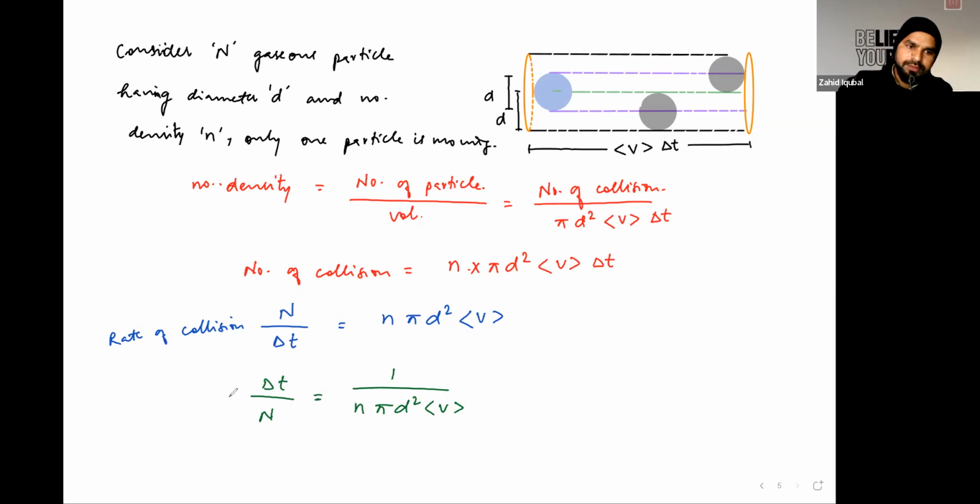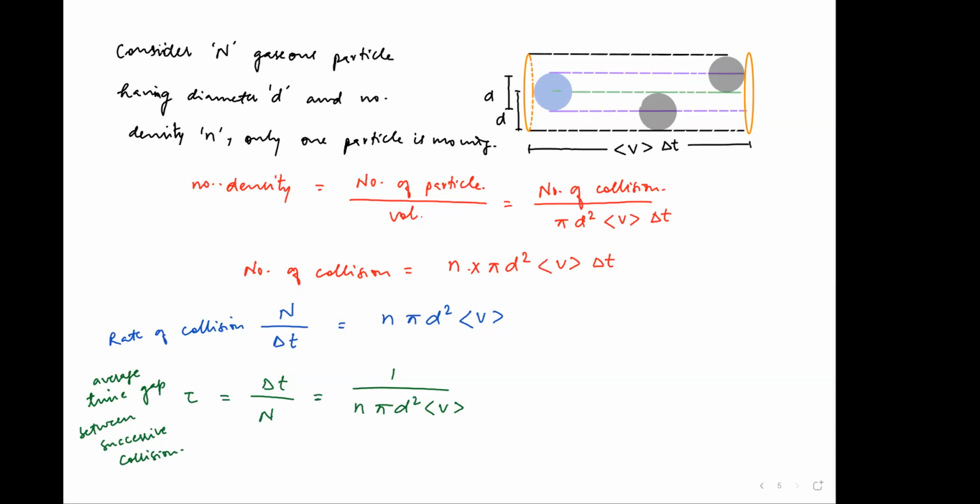So this quantity is called the average time or relaxation time: the average time gap between successive collisions. Any doubt? No, sir. Just write it down.